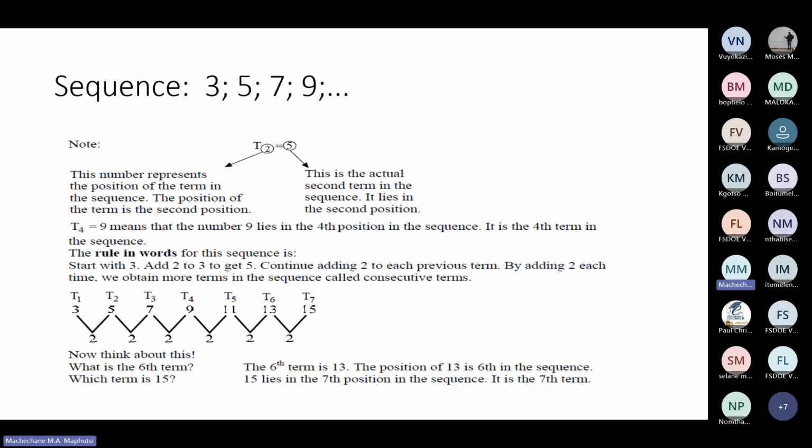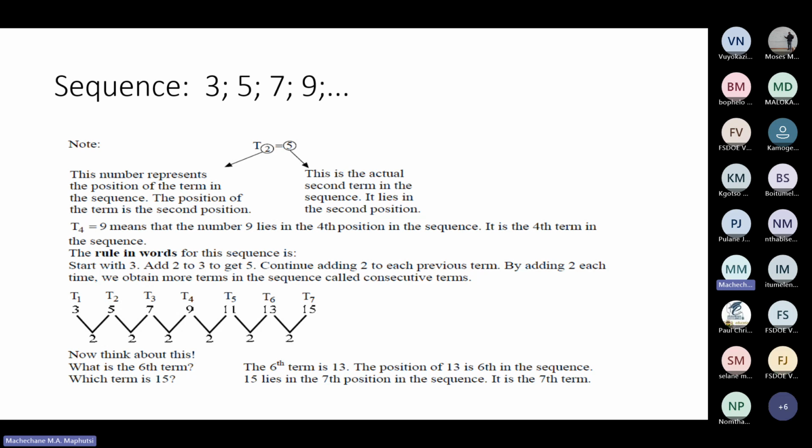So now, as you can see, we have the sequence 3, 5, 7, and 9. Now, as you can see there, 3, like I indicated, is term 1. So we indicate it with a capital T with a subscript, for example T2. In this case, our term 2 equals 5.